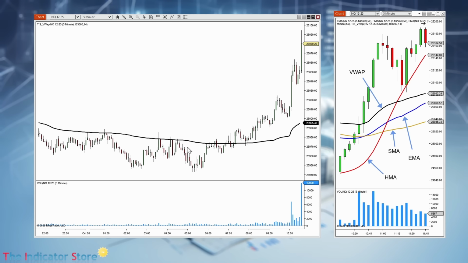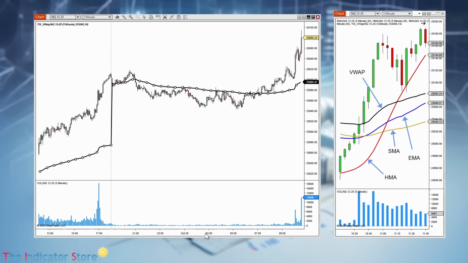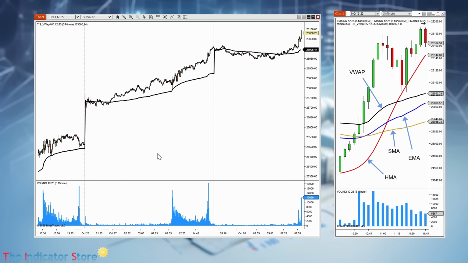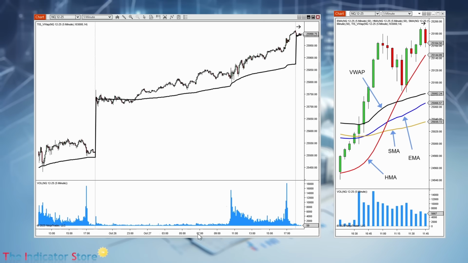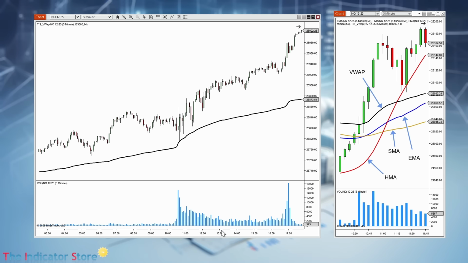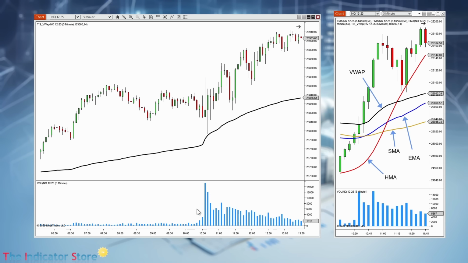If we have an overlap of the VWAP plus the 50 retracement, then this is a very strong setup. Example. Here, no? This is the start of the session. We have an idea of when a session starts because of the volume.